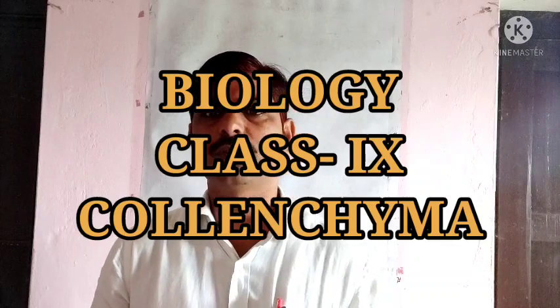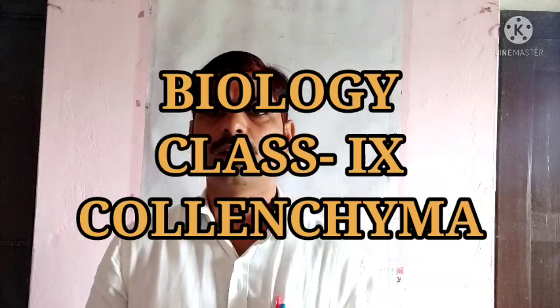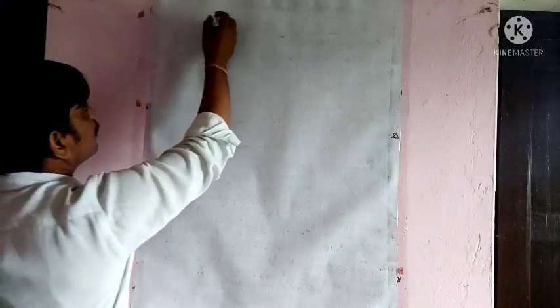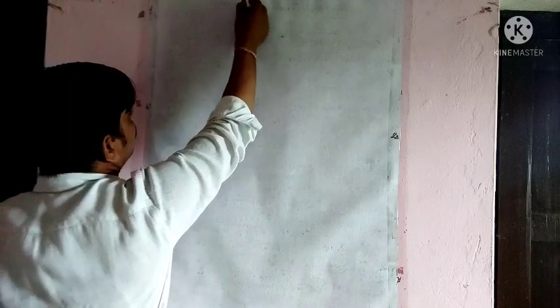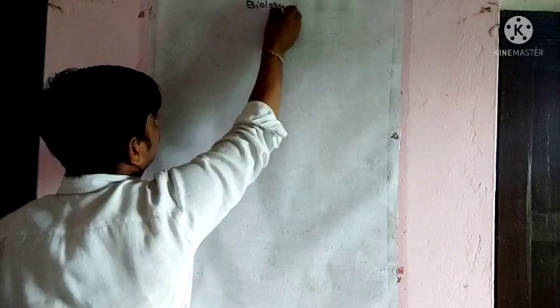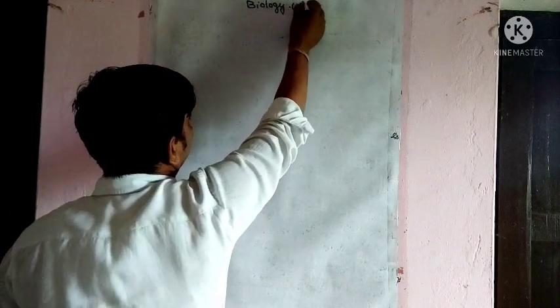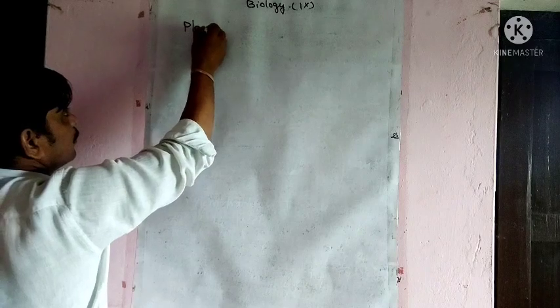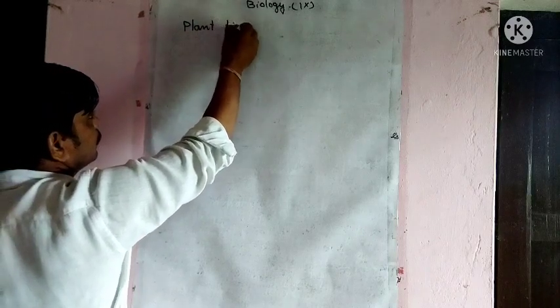Today in this video I am going to help you understand another living tissue in the plant body, and its name is collenchyma. Biology, 9th, and we are studying plant tissues.